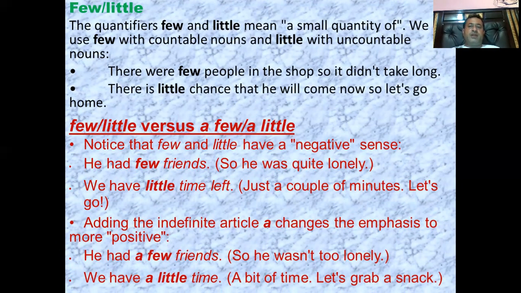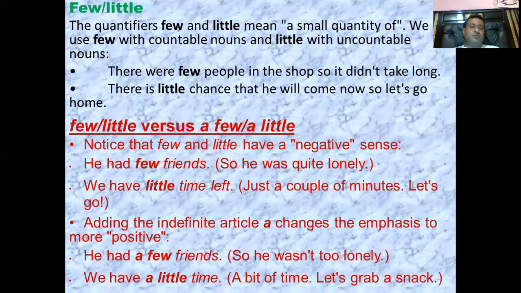There were few people in the shop, so it didn't take long. There is little chance that he will come now, so let's go home. So few is with countable nouns and little is with uncountable nouns. But usually in our day-to-day examples, sometimes we use a few, a little, and we also use few, little.